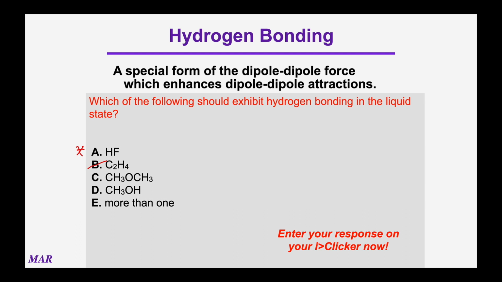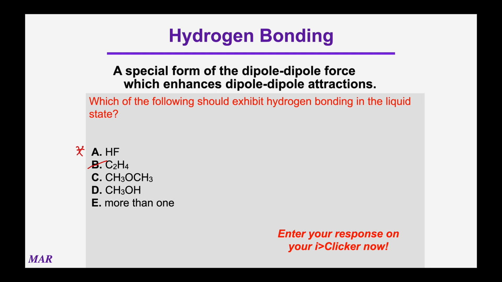Now, C is where the Lewis structure is very important. You do have oxygen, which is one of the three big ones, N, O, or F, and you have hydrogens. But C is an ether. It's a methyl group, CH3, connected to an oxygen and then connected to another methyl group. You have a carbon-oxygen-carbon linkage when you draw out the molecule.